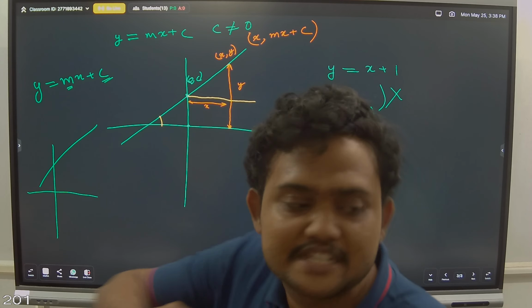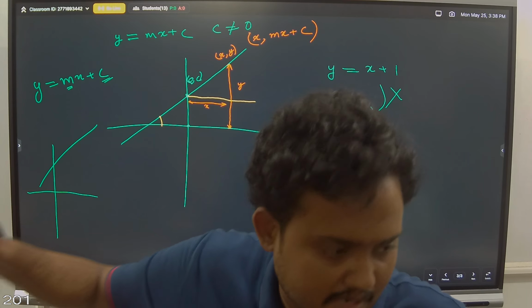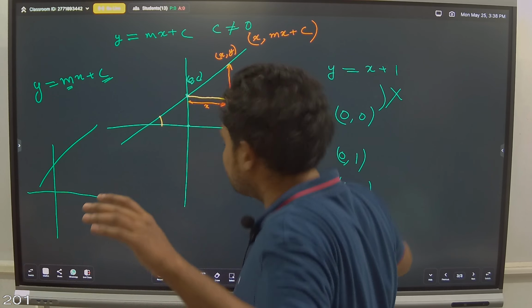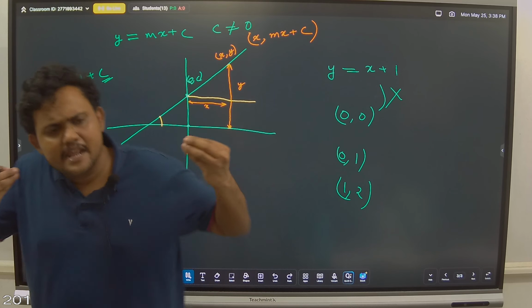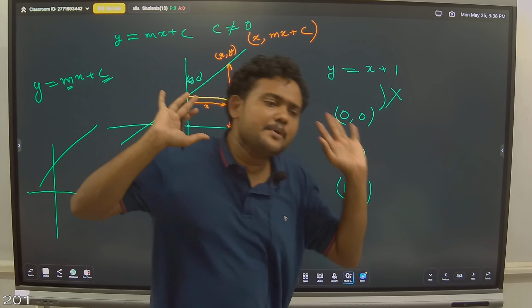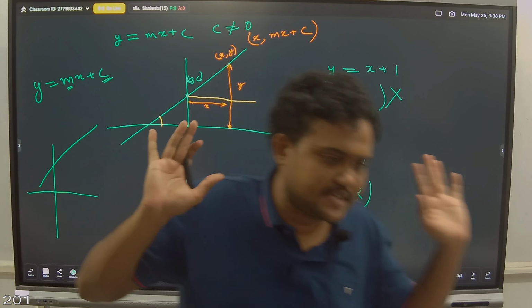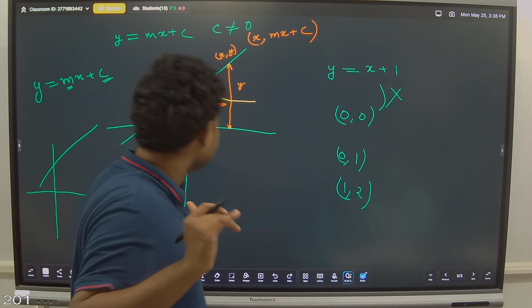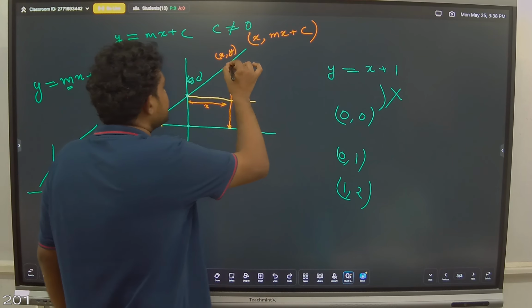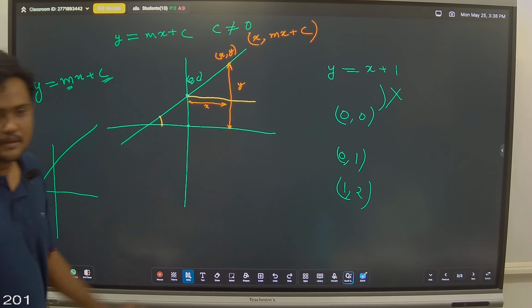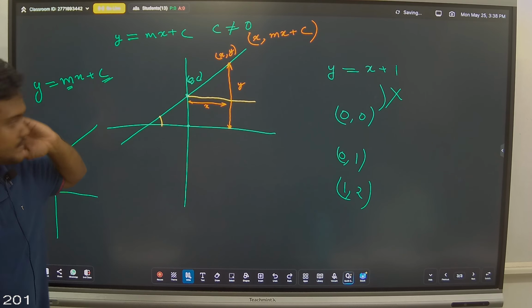Arbitrary means representative of everything. If I take any point on this line, it will be of the form x comma mx plus c, right? So this point is x comma mx plus c.